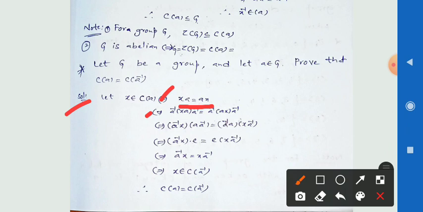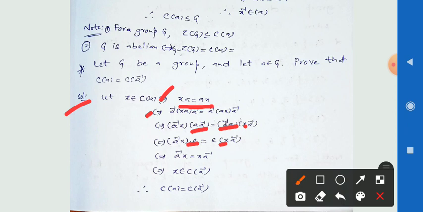Here a into a inverse gives the identity e, and similarly this value is equal to a and this value is equal to e. We can conclude that A inverse x into e is equal to e into x into A inverse.